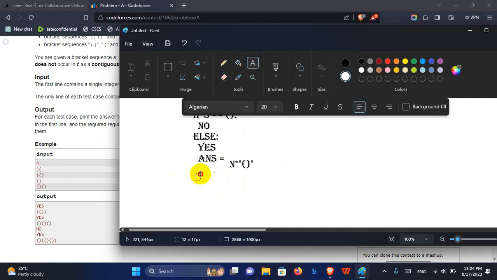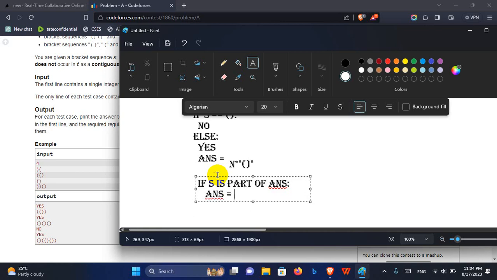So now we have to again check if s is part of our answer. Then we have to make a new answer.